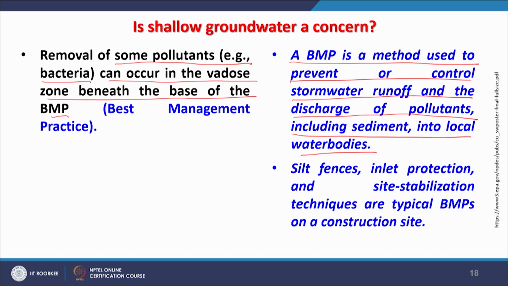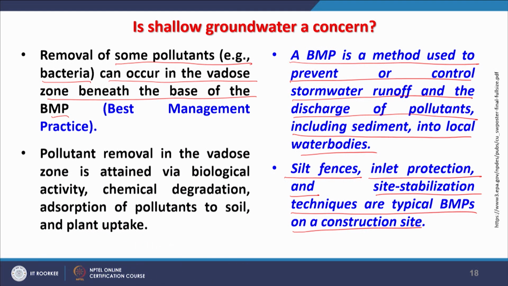Therefore, the flow of these pollutants should not be towards these surface water bodies. So, there are silt fences, if possible, inlet protection, and site stabilization techniques, which are typical BMP practices for construction sites.